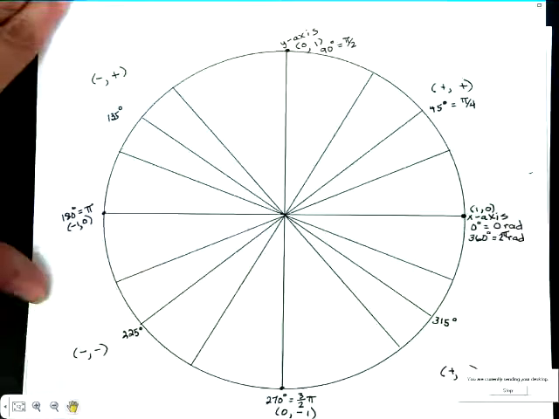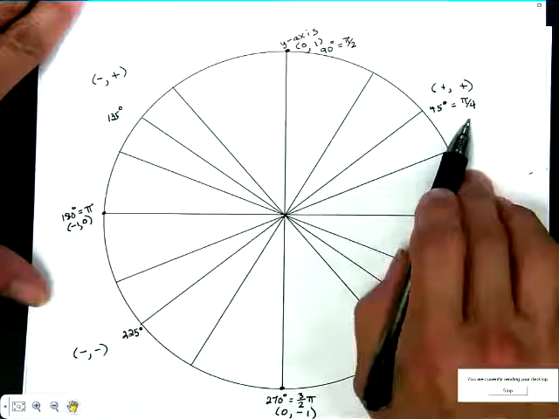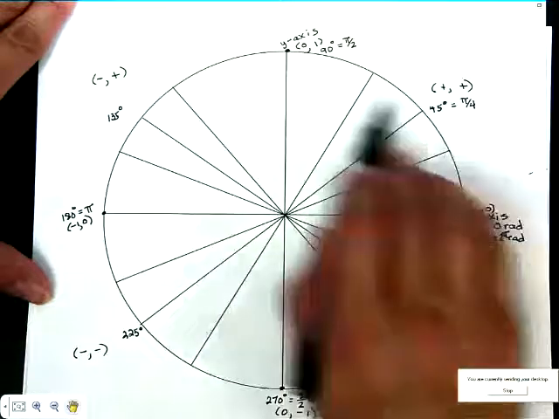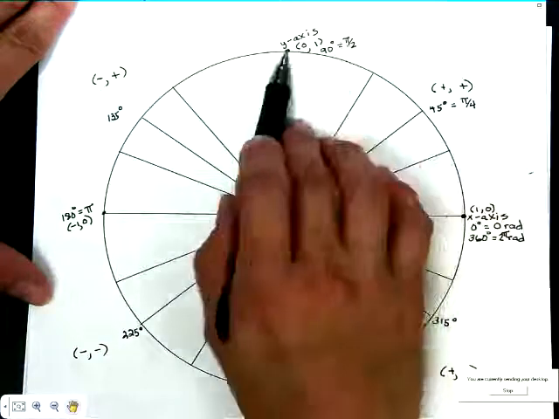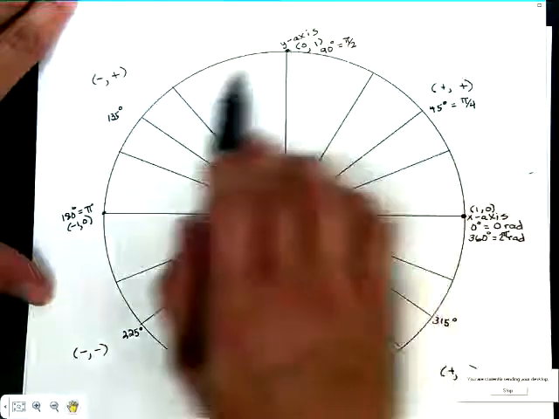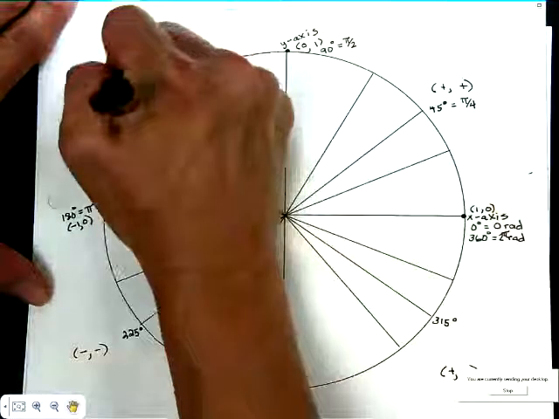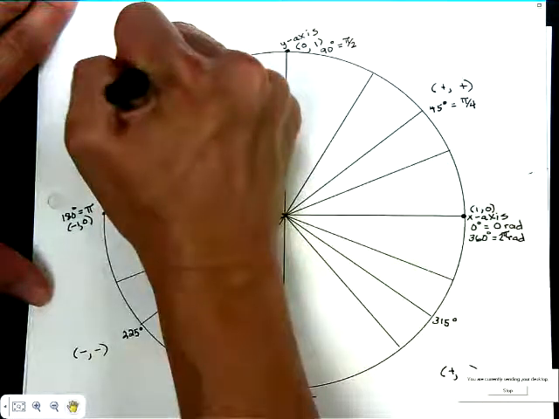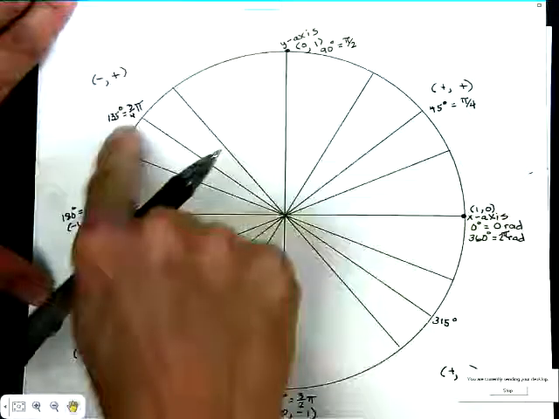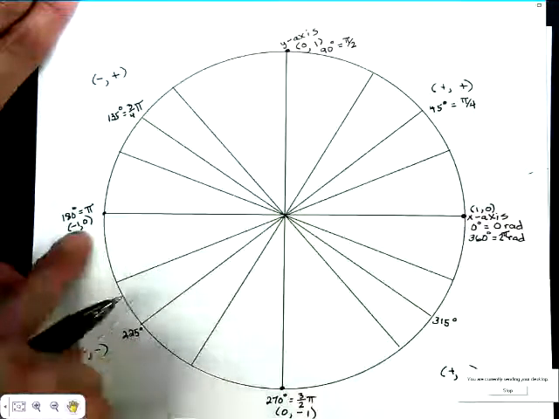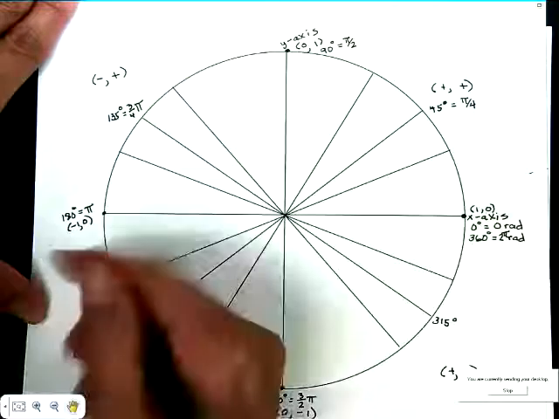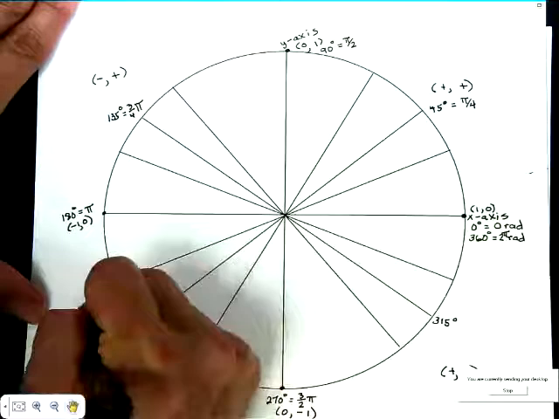Let's go around the circle again, counting by quarter pies. 1/4, 2/4, 2/4 is a half, so far so good. This must be 3/4, 4/4 is a whole pi. This must be 5/4.